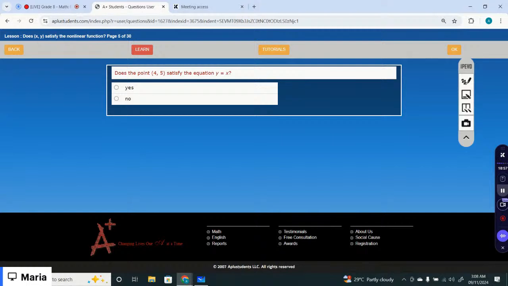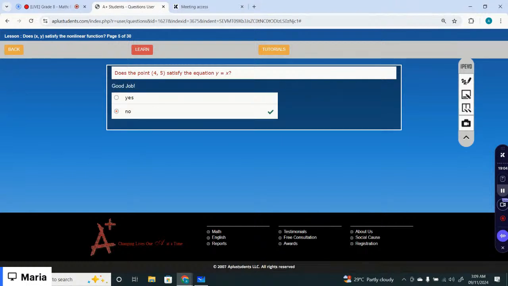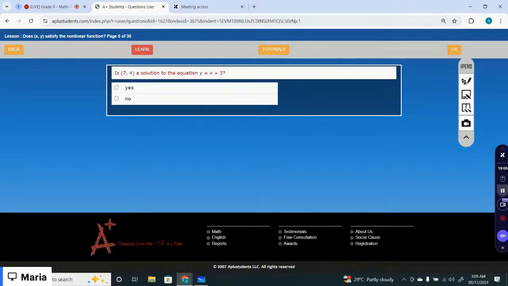Does the point 4, 5 satisfy the equation y equals x? The correct option is no. Is 7, 4 a solution of the equation y equals x plus 3?